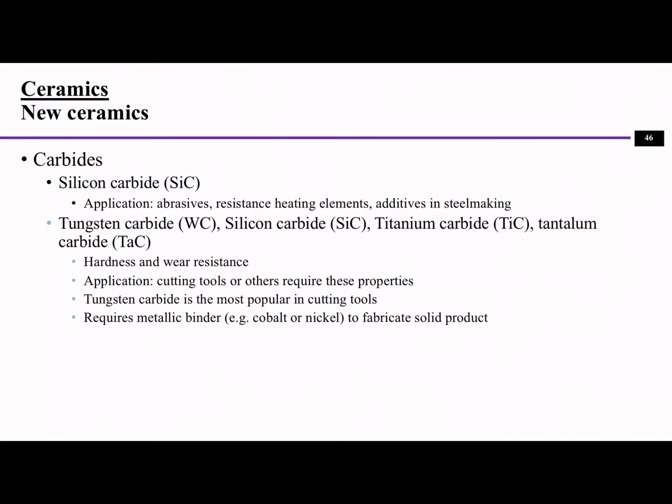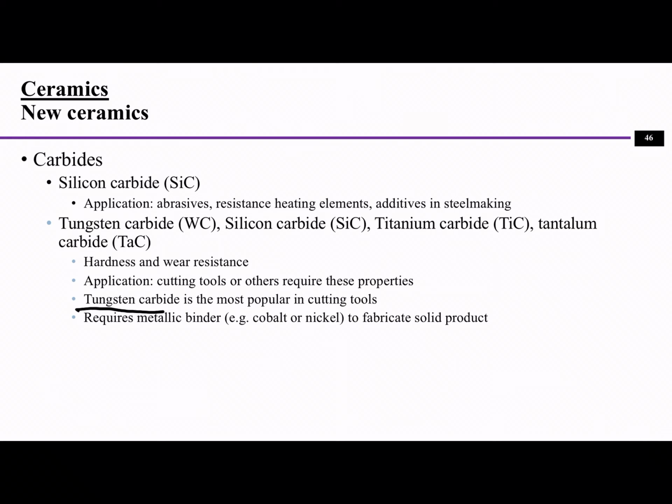Another type of new ceramics is carbides. Carbides can be tungsten carbide or silicon carbide. Usually they're similar to oxides. Applications usually require really high strength, heat resistance, and good hardness.